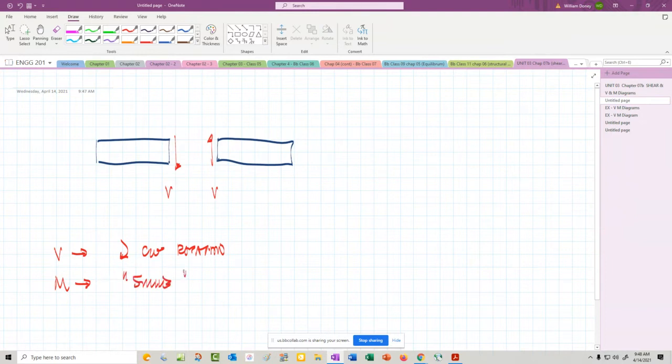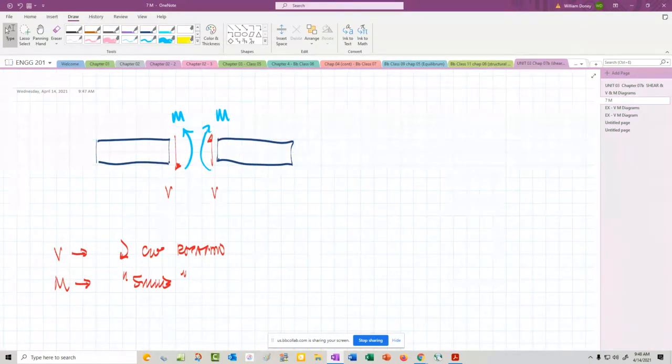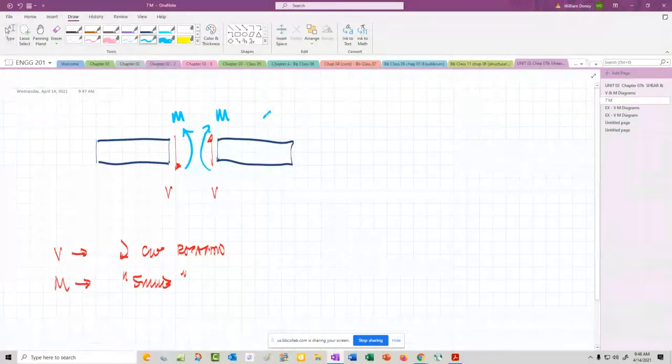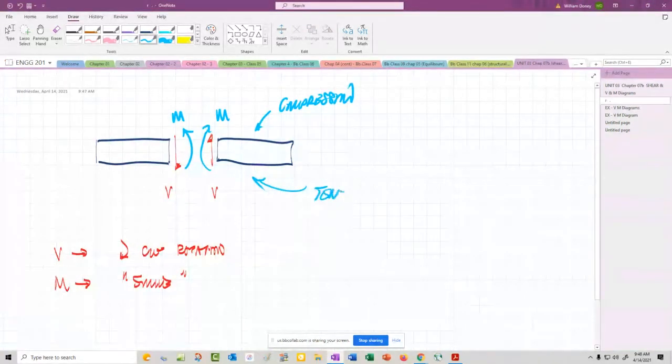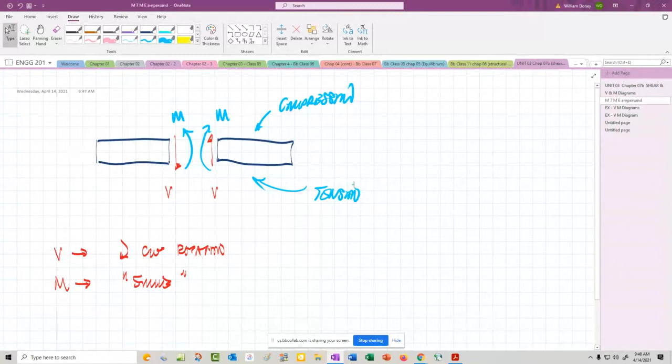The moment, again, is setting up to create a smile. So if we have the moment on the left side, it's that way. If it's on the right side, it's that way. The idea is it's setting up compression on the top and potentially tension along the bottom. And shear, again, is clockwise rotation.